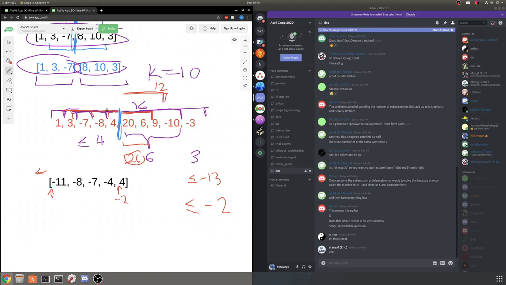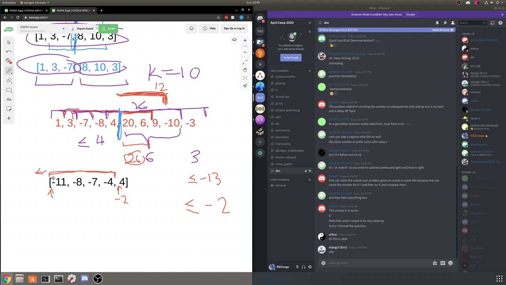So you know that all of the suffixes on the left side that would work are the ones that are to the left. So in this case, there will be 4 possible matches for this hypothetical prefix that we're considering. So if you do that for each of these prefixes, then you get the total count effectively.